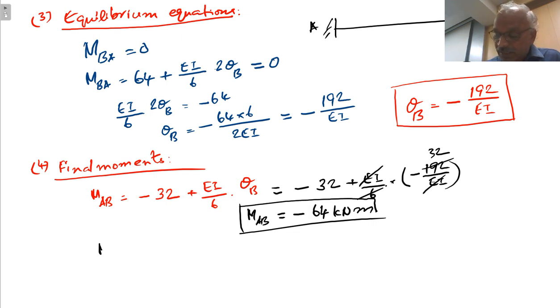Similarly, MBA equal to 64 plus EI by 6 into 2 theta B. Let us verify.